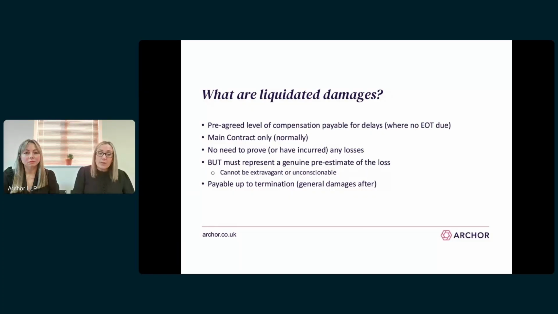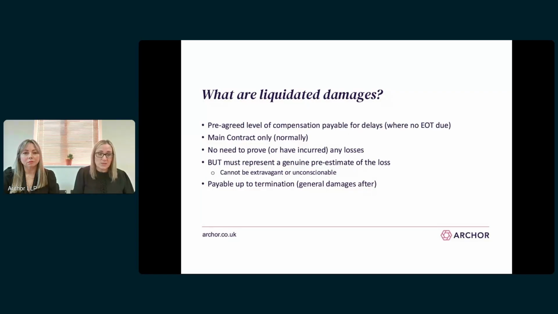Liquidated damages are normally only included in main contracts. That is because there's a risk to main contractors using liquidated damages in a subcontract, in that the level of liquidated damages set out in the subcontract may not be sufficient to cover the contractor's losses for delay.